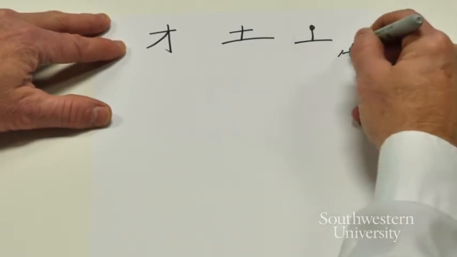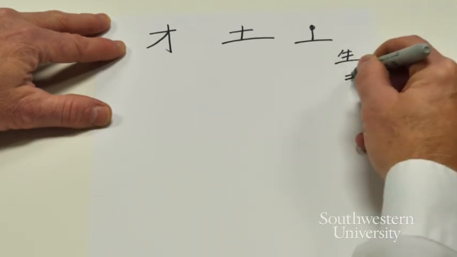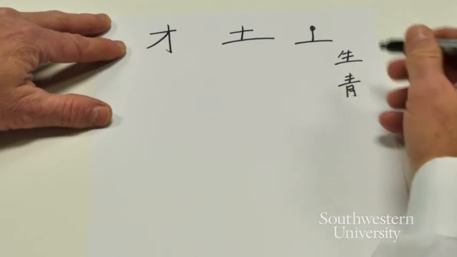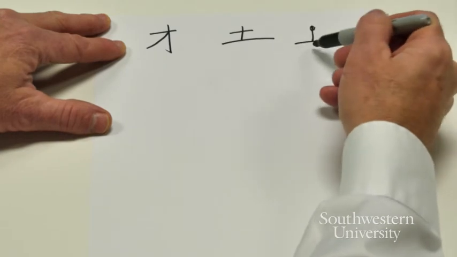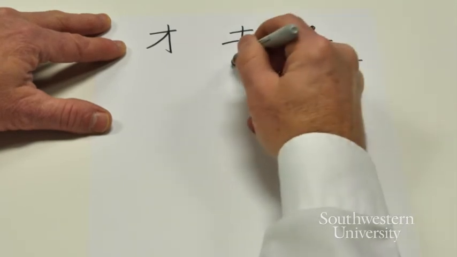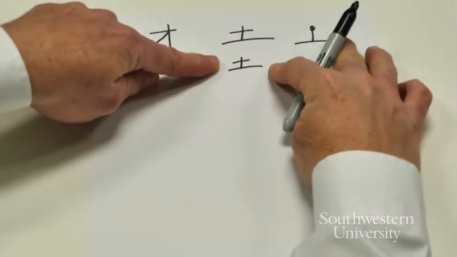We've seen sheng, life or birth coming up out of the earth, and qing, which means green, the color of things coming up out of the earth. In this case, we indicate what the plant came up out of, the earth. So this is tu, meaning earth, the location, the place of something.